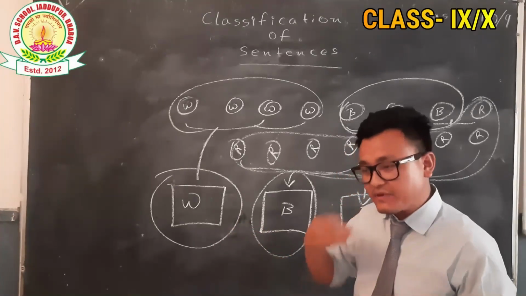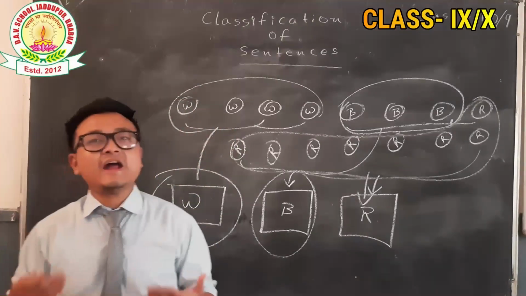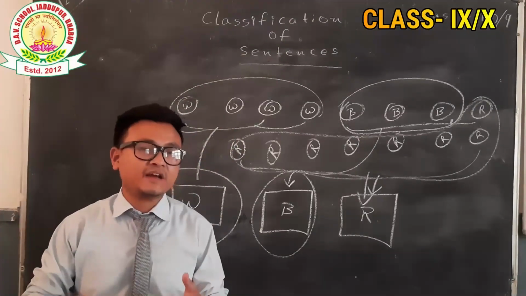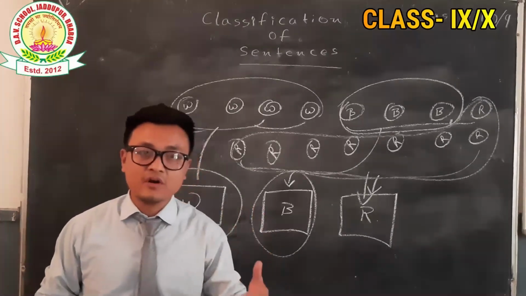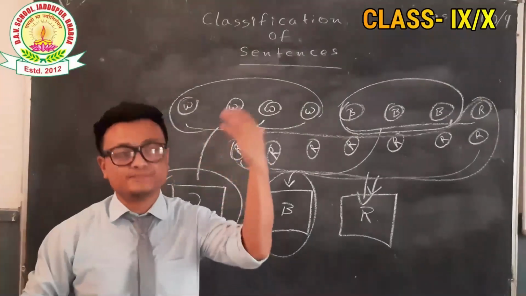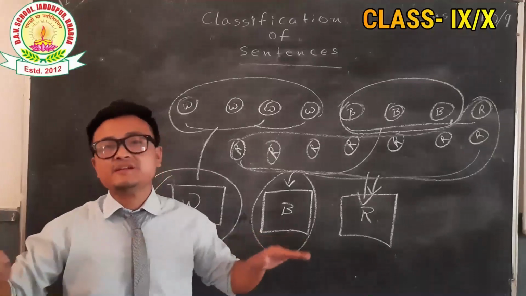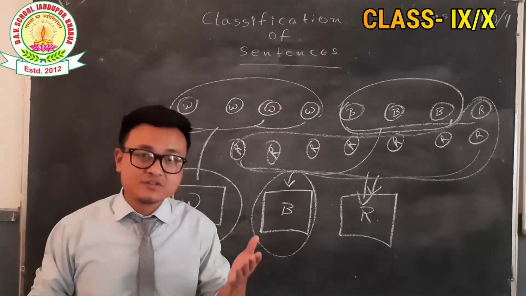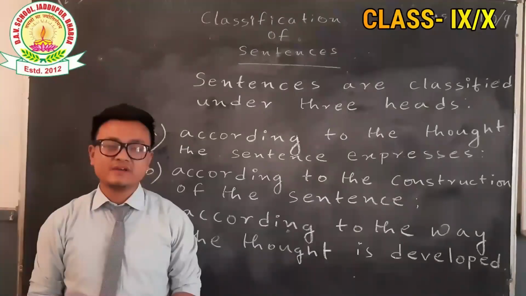Just similar to that, even in sentences, we have classified the different types of sentences according to their features, according to the verb, according to the basis of their construction, according to the thoughts they develop. So there are plenty of ways by which sentences have been classified.